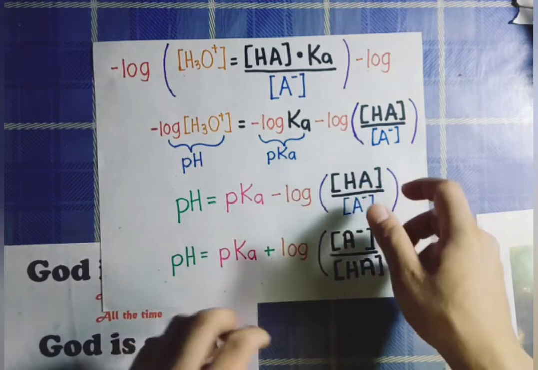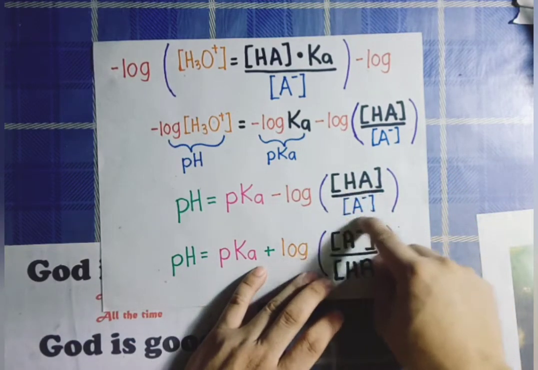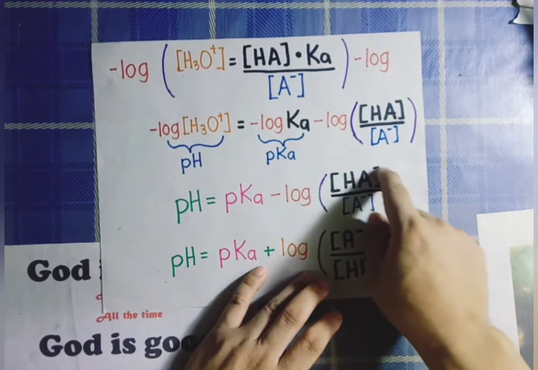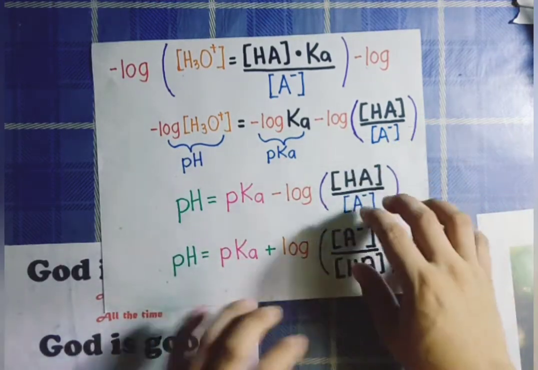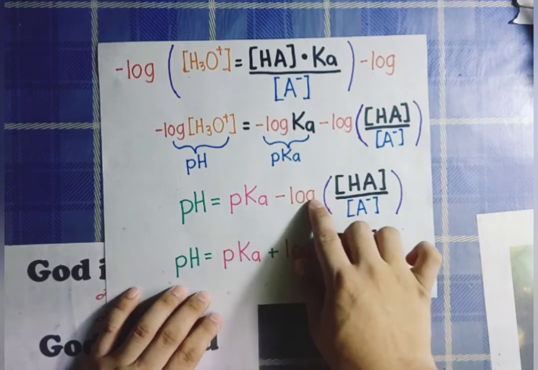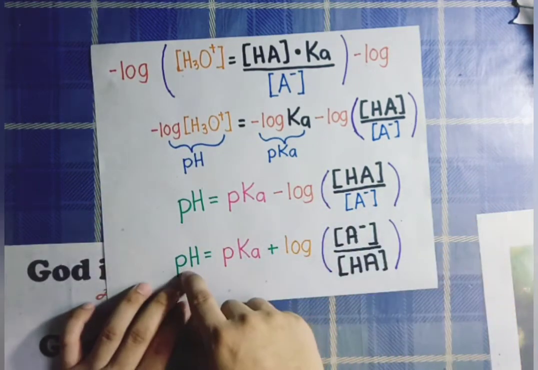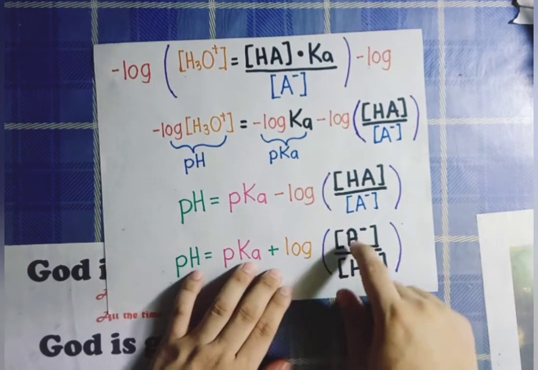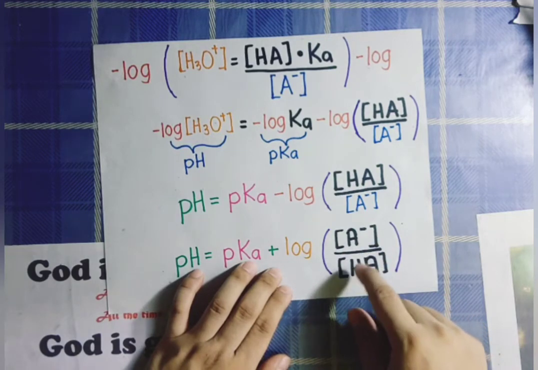Now, by flipping this equation, that is, we put A negative, our conjugate base, as the numerator, and HA as the denominator, we will have a positive log instead of a negative log. And the final formula is pH is equal to pKa plus the logarithm of the ratio of the conjugate base over the molar concentration of our parent acid.